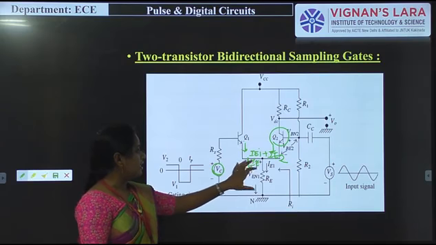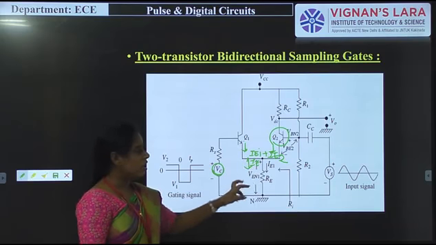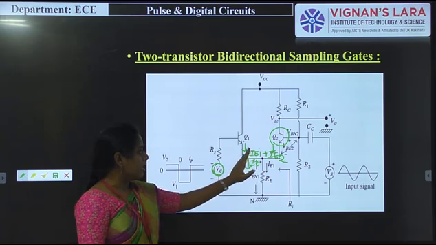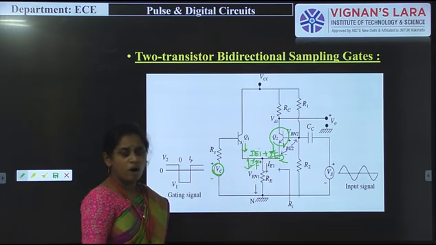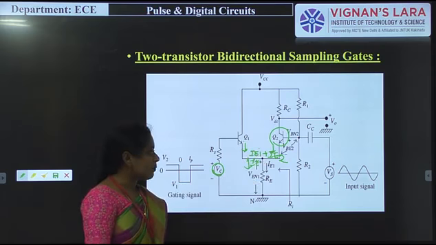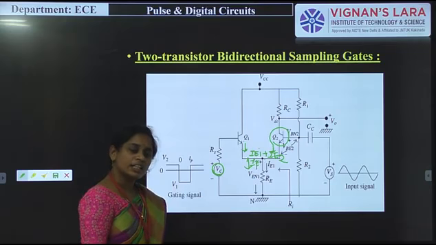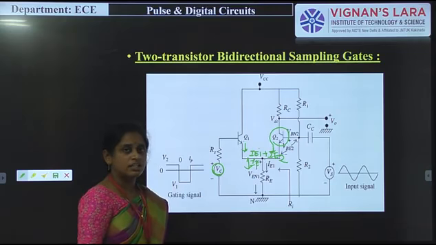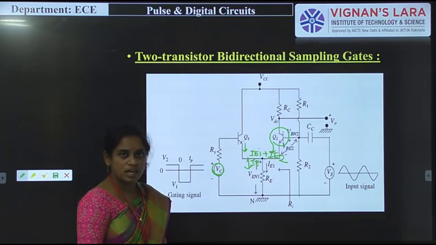So it can't be changed. When one of the emitter currents increases, the other obviously decreases. When the emitter current decreases, the collector current also decreases, so that particular transistor goes into the cutoff region.